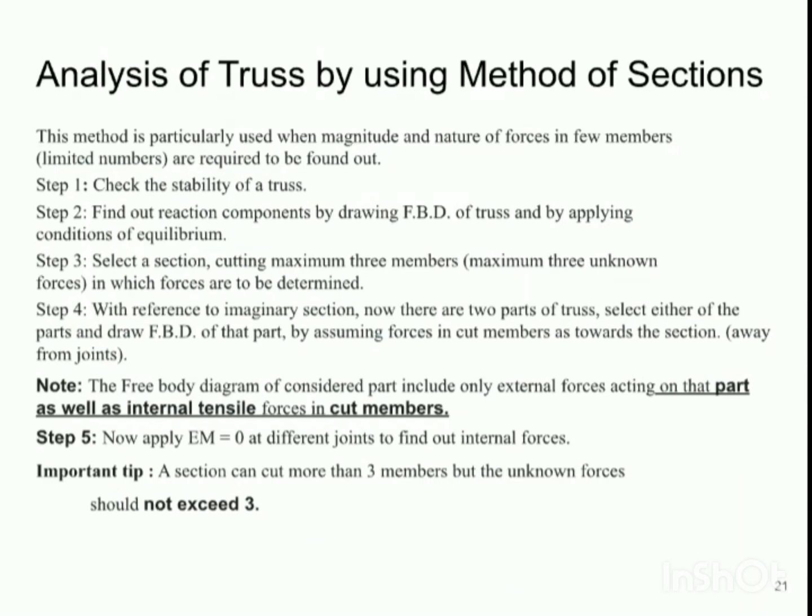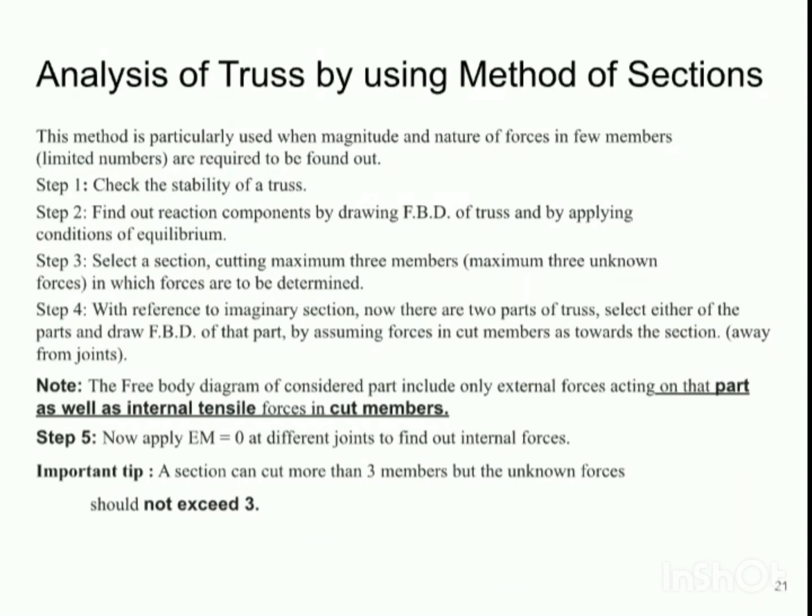Now in the free body diagram only, we need to mark the member forces that are required to be calculated, and then draw a section line which will pass through these members. What is the condition for this section line to pass over the members?